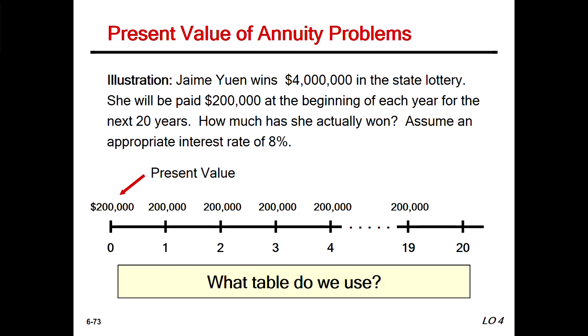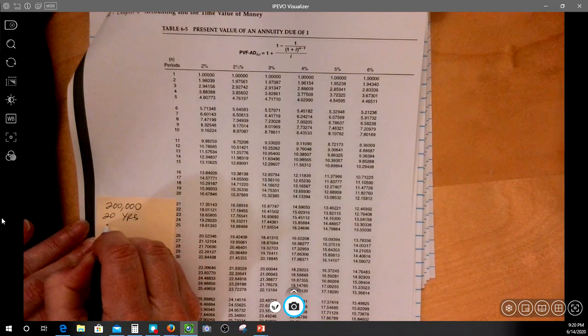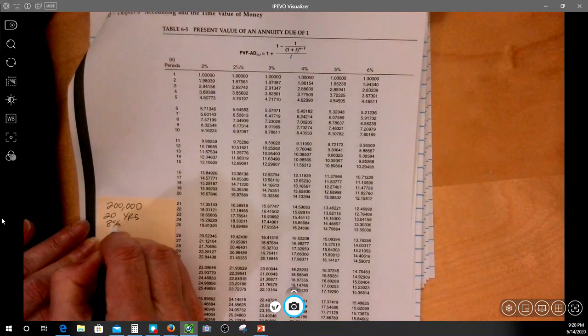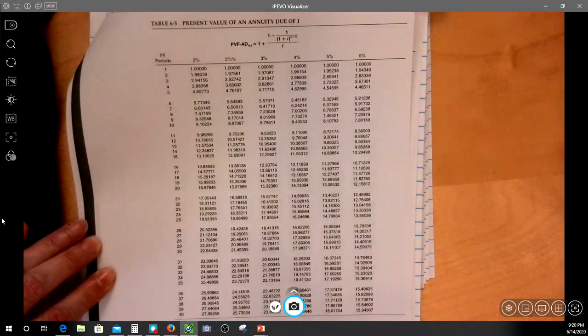So we've got $200,000 that was won, 20 years, and 8%. Let's find the factor, 20 years at 8%.